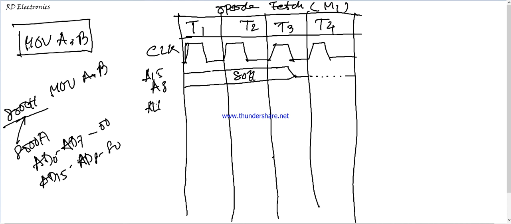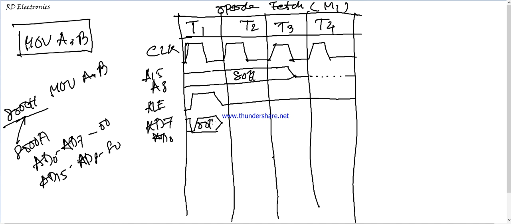There is an extra signal required in the 8085 known as ALE. When ALE equals high, the demultiplexed address and data bus works as the address bus. So what is the address? 00 hex. And after this, when ALE becomes 0, the address and data bus works as the data bus.